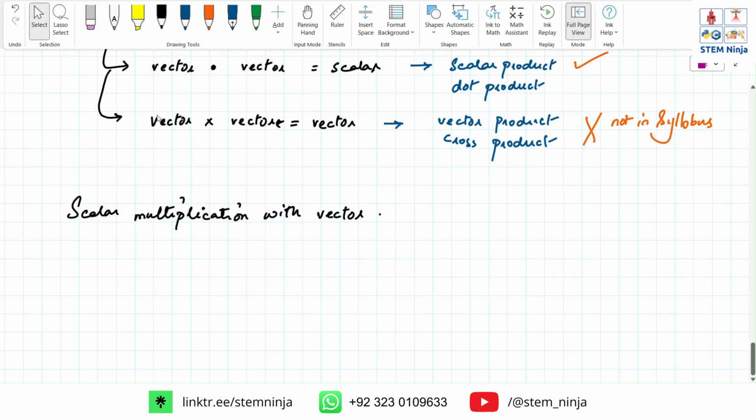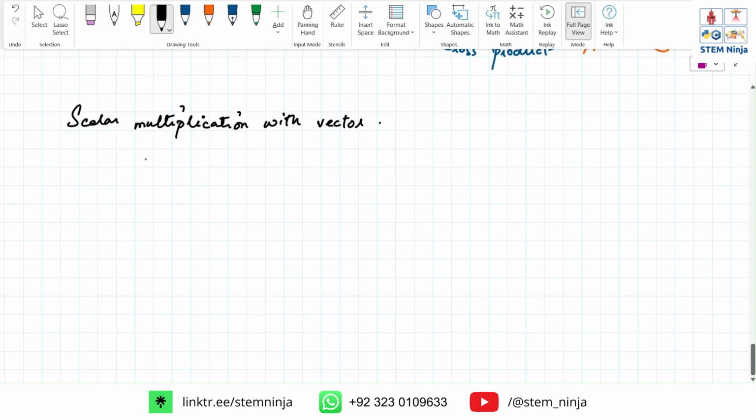So what this means is you have a scalar multiple, it could be lambda, it could be k, it could be m, it could be n.